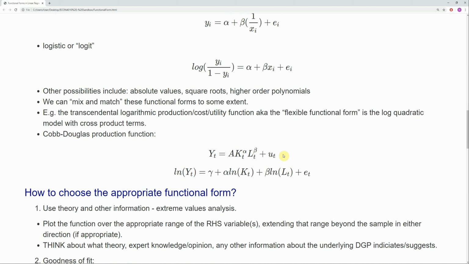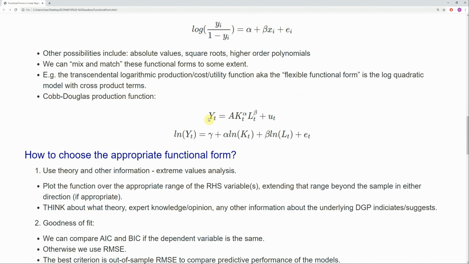One of the most famous functional transformations that we have, which is also a log transformation, is with the Cobb-Douglas production function. The Cobb-Douglas production function says that your production y at time t is equal to your technological abilities multiplied by your capital at that time to the power of alpha, which is basically the share of capital in the production function, and labor to the power of beta.